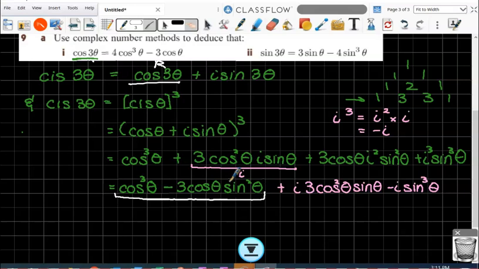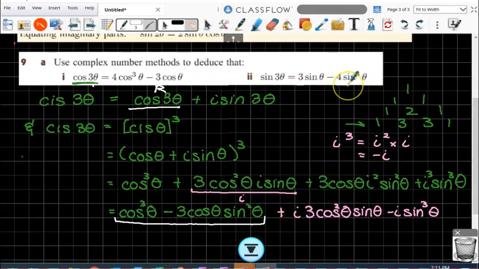The i's tell you that that's the imaginary part, and then its role is over. So notice there's no i's in here. Here's your imaginary part, sine 3 theta has to equal this. But again, no cos squareds in here. So what can we replace cos squared with? 1 take. Okay, go forth.